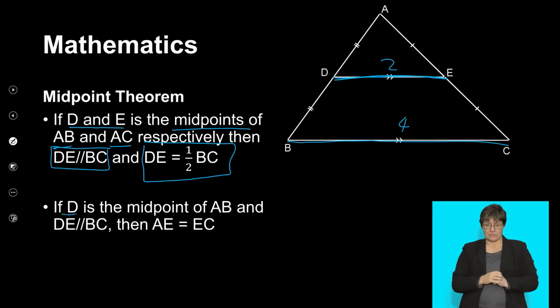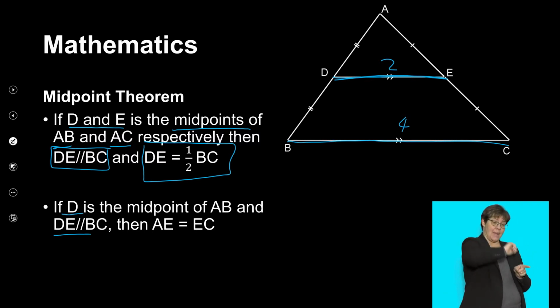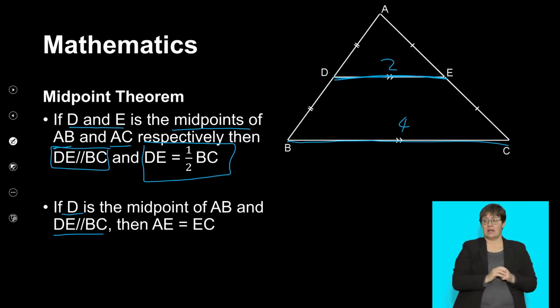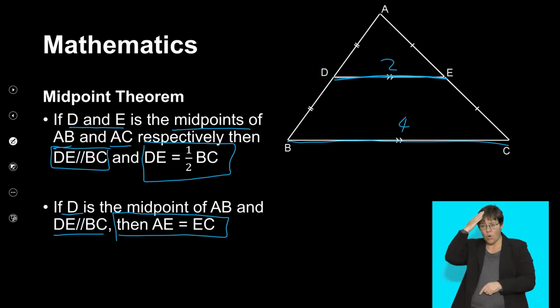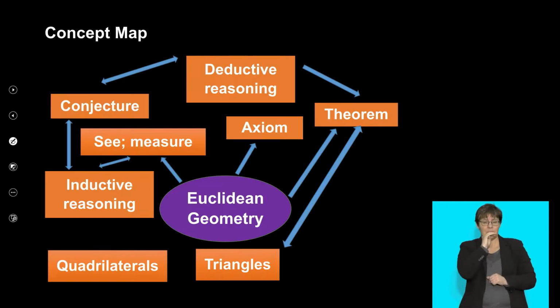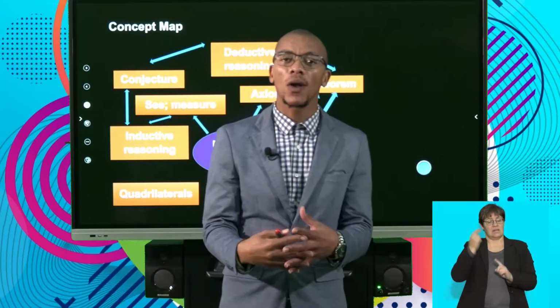And then if D is the midpoint of AB and DE is parallel to BC, then we know for a fact that AE will be equal to EC. And then you can talk about the midpoint theorem there. So that's what the midpoint theorem is all about, and you need to make sure you are clear on that.